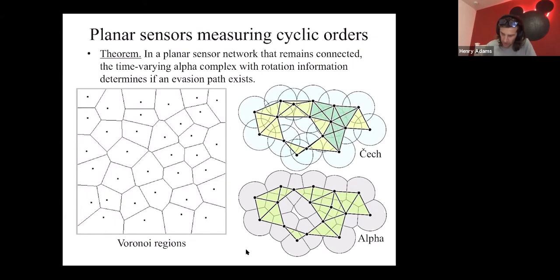So maybe this example here is clearer. Here we have crossing edges from four intersecting balls, but in their bubble-shaped regions, two of the bubble-shaped regions, sure, they intersect, but that means that the other two bubble-shaped regions don't intersect. And so we're missing this edge in the alpha complex.